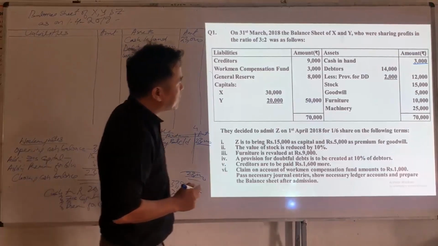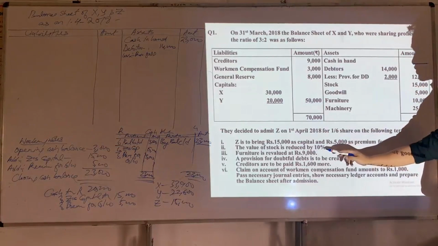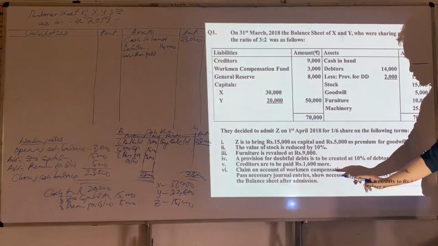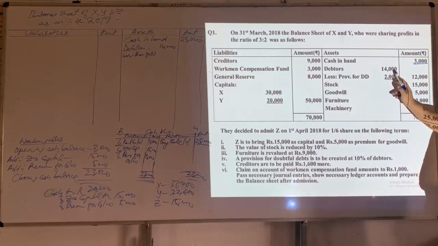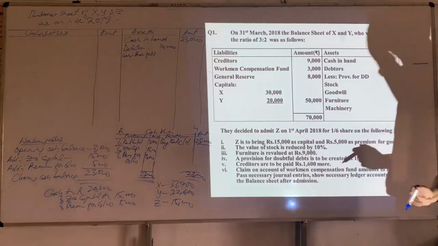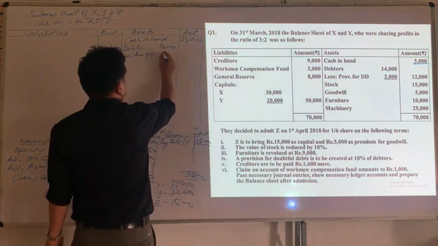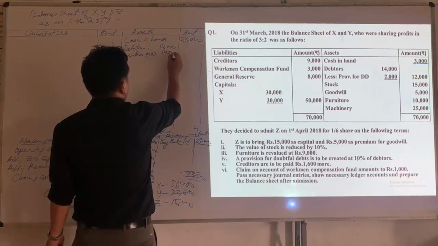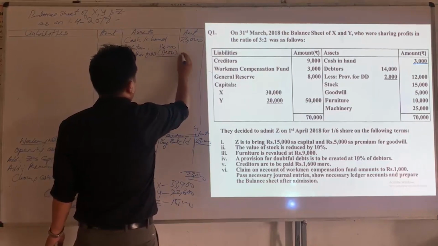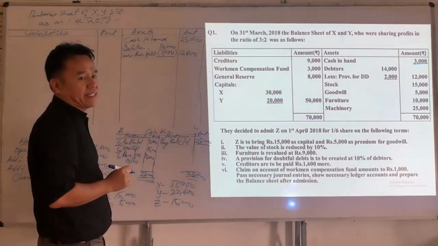What is the new provision for doubtful debts? Here the old provision is 2,000. What is the new provision? It is 10%. What is 10% of 14,000? 10% of 14,000 is 1,400. So 1,400 is nothing but the new provision. We have to deduct the new provision from debtors. If we deduct 1,400 from 14,000, how much do we get? We get 12,600. So this is the net debtors.